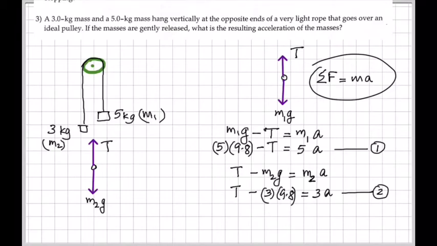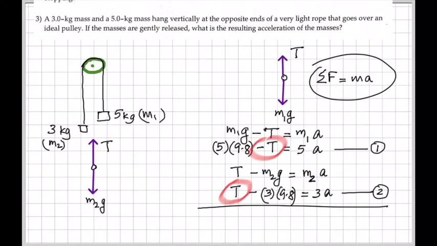Now it's just math. If you add the two equations, you know why that will be good? Somebody tell me which two terms will get cancelled. Because you have minus T there and you have plus T here. So if you add the left-hand side to the left-hand side and the right-hand side to the right-hand side, that will be the easiest to do.